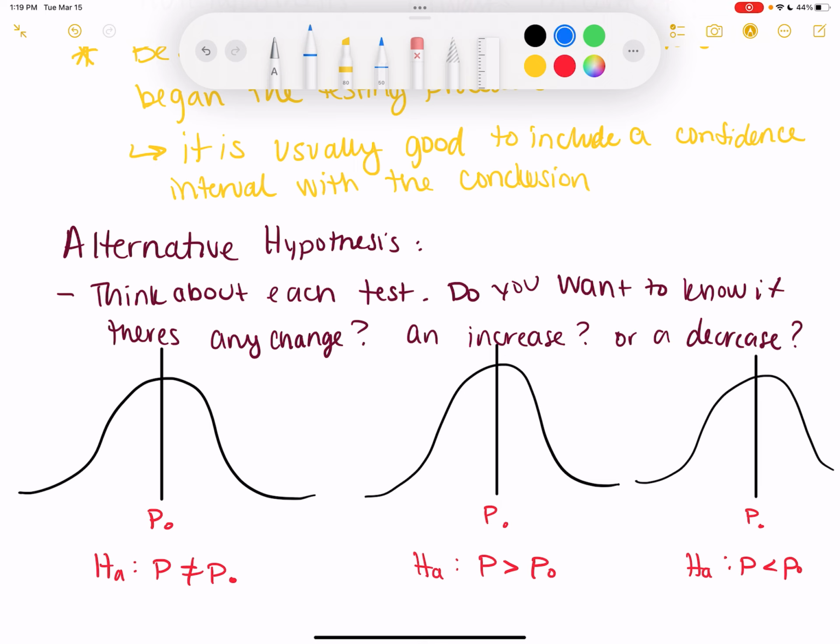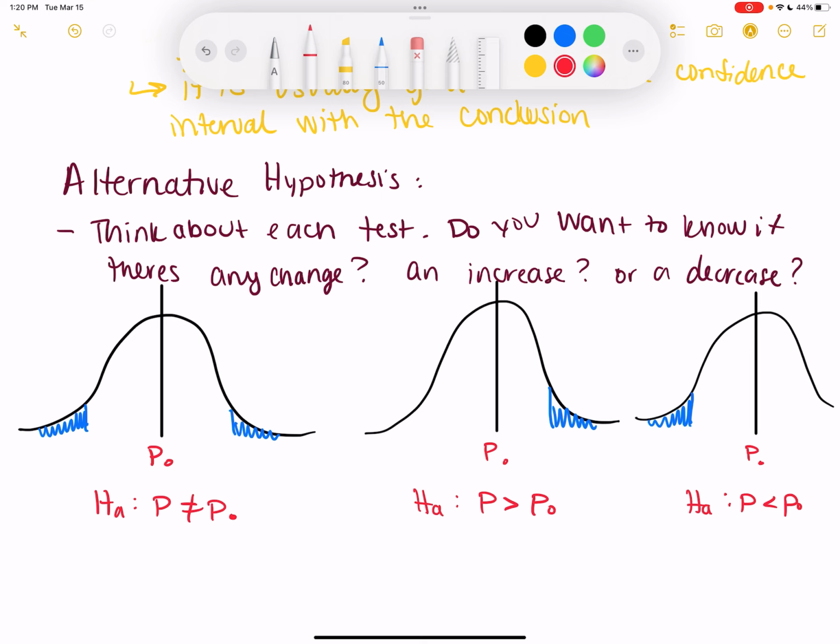First scenario, like so. Second scenario, like so. And third one.